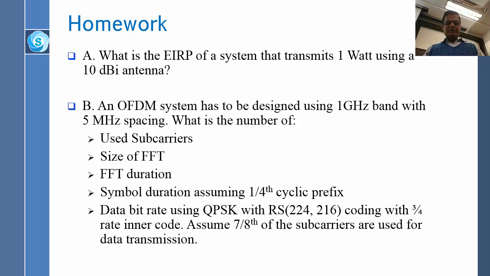Because then we will just leave it FFT period, and symbol duration, it would include FFT period plus the cyclic prefix, and then the data bit rate using all these codes. 3/4 inner code, and unless specified, it is always assumed EEP. In this case, I didn't say EEP or UEP, so it is EEP, equal error protection.